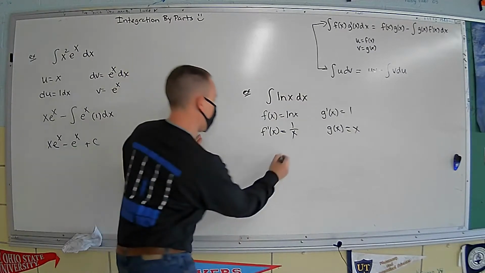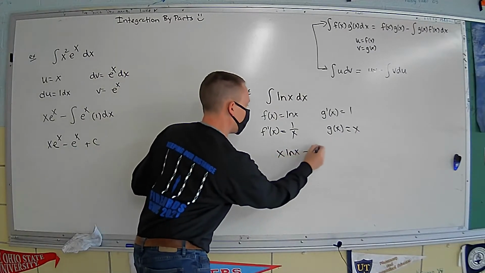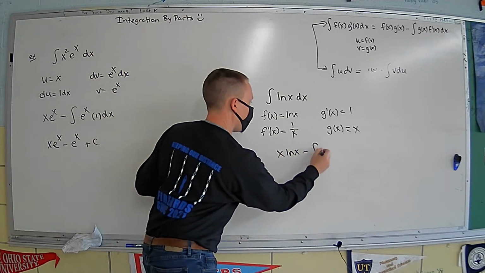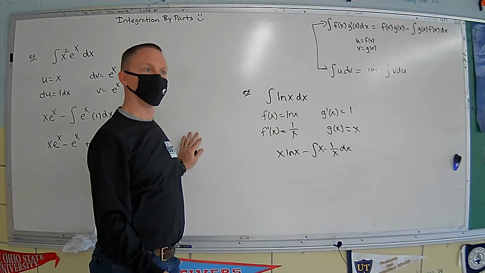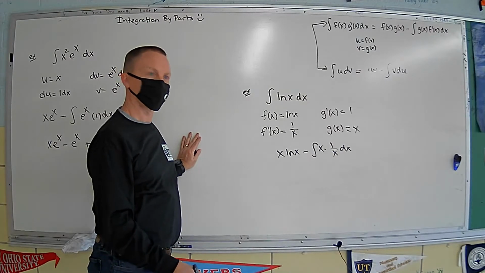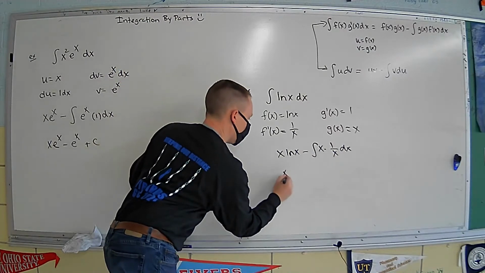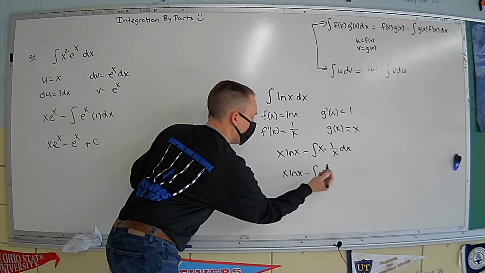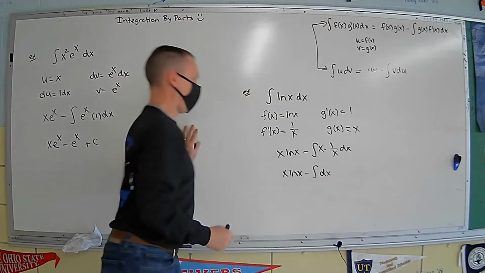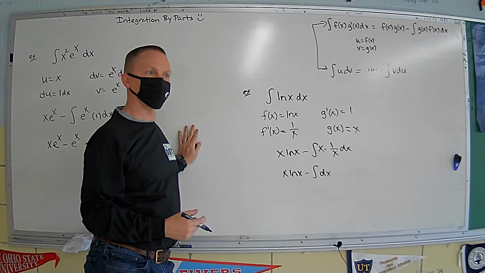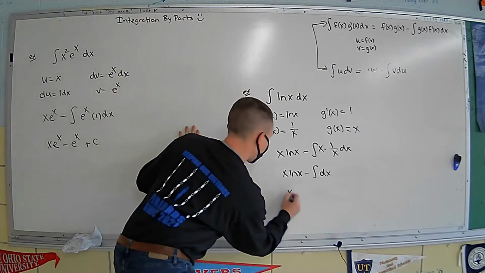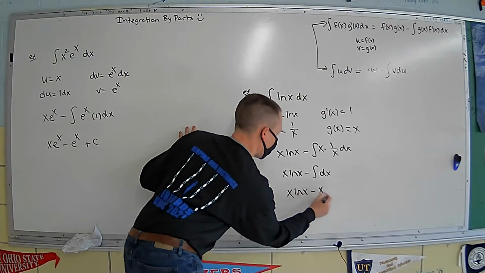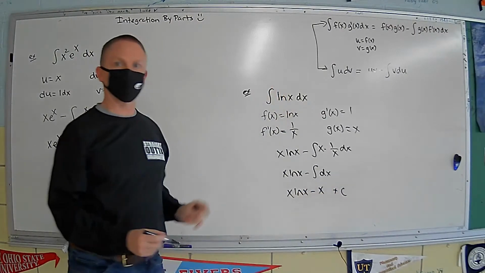So now do the formula. x times natural log of x, minus the integral of x times 1 over x dx. And what does this simplify to? 1 dx. And what's the antiderivative of dx? Just x. So there's the antiderivative of natural log.